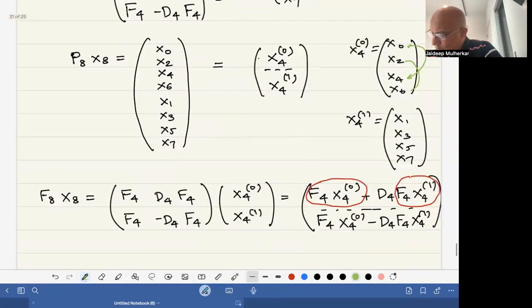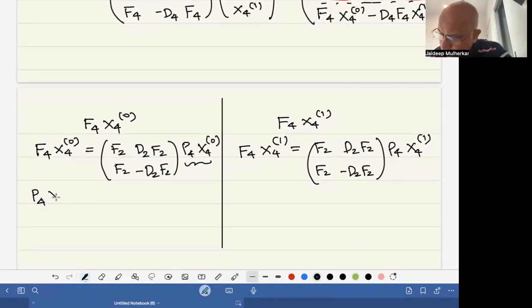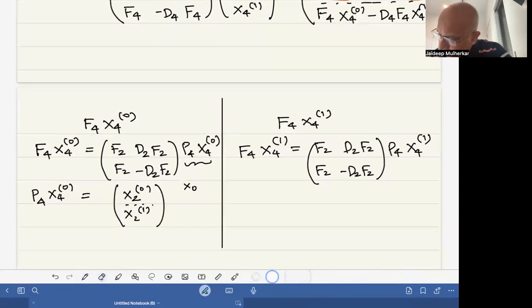So therefore, P4 x4 of 0, I can write as x2 of 0, x2 of 1, where x2 of 0 is just x0 and x4, and this is x2 and x6.